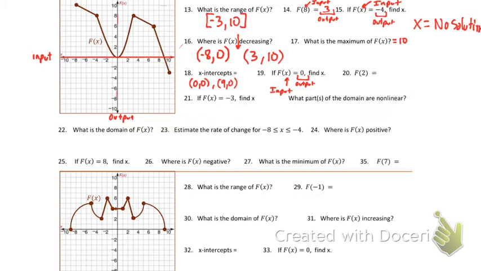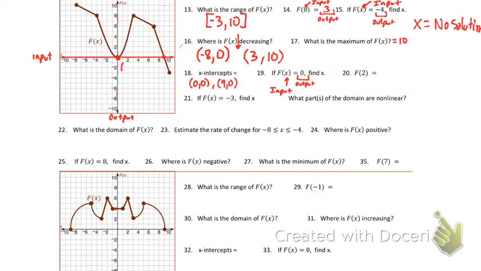And my inputs, if you notice, I actually have two. My graph crosses here, and my graph crosses here. Okay, so what is my x value where my graph crosses? It crosses at 0 and 9. So x actually has two answers here. My input has two answers.